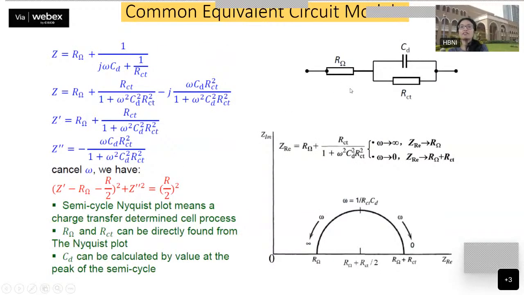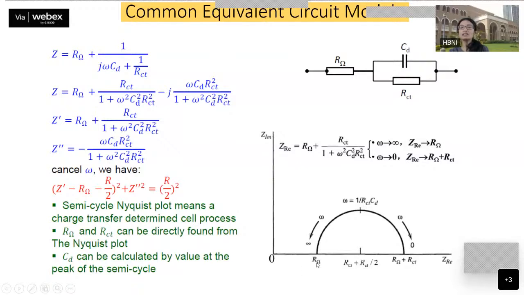But now if you have another resistor attached to it, then how this equation changes, you can solve mathematically. You will end up with something like this. So here you have a shift of this R omega. And this plot basically gives you a complete idea of the different processes taking place in that electrochemical cell. You have R omega, described over here.